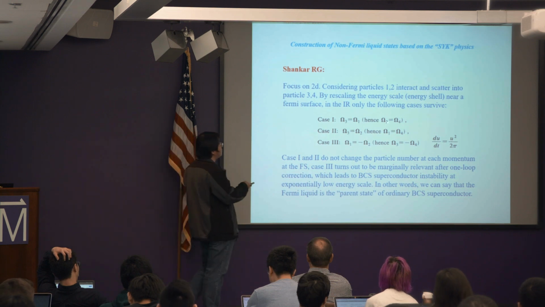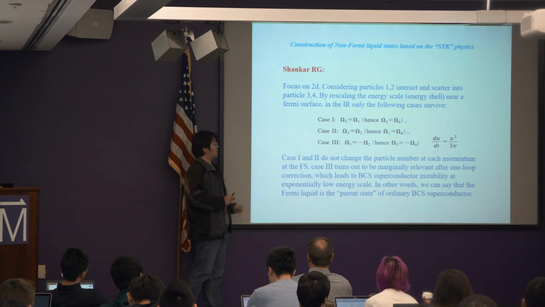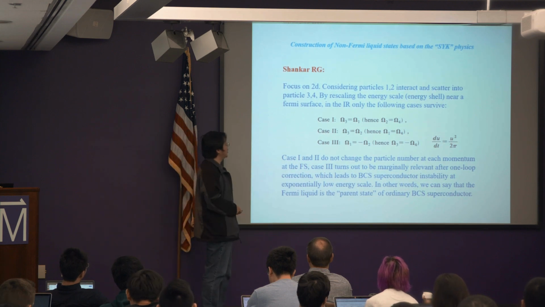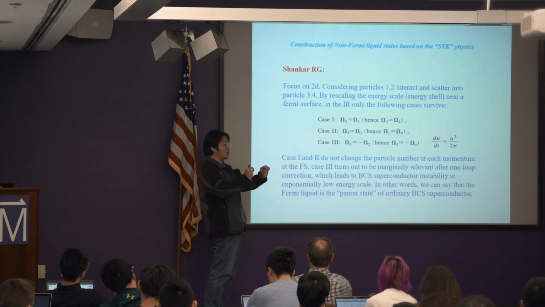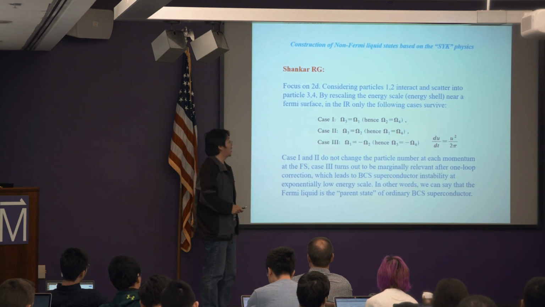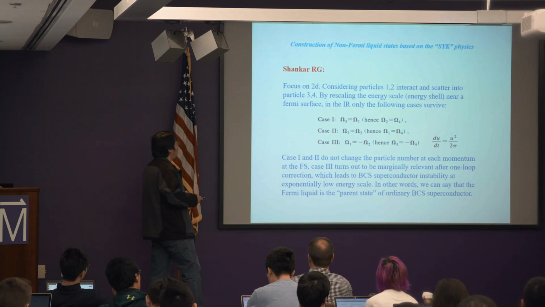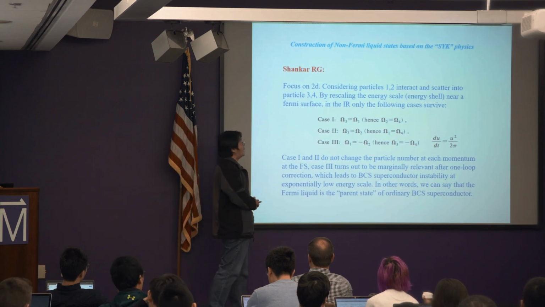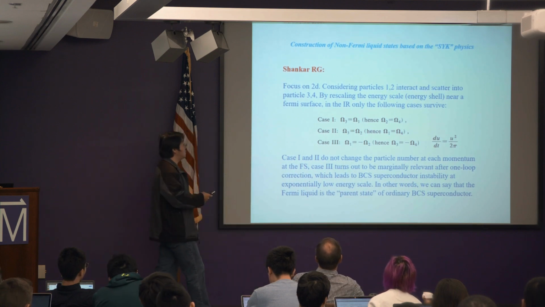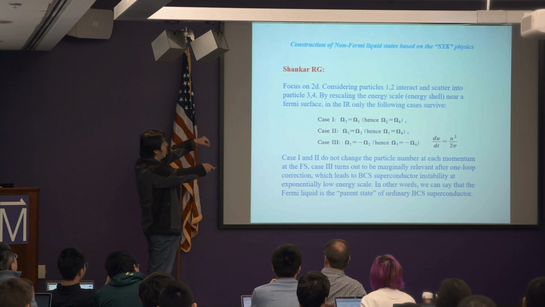So omega 1, omega 2 are the incoming momenta at the Fermi patches on the Fermi surface. 1 and 2 will interact and scatter into 3 and 4. What Shankar showed is that under RG, at least in 2 dimensions, this is especially simple: 1, 2 will just scatter into 3, 4, where 3 equals 1 and 2 equals 4, or the other way around.